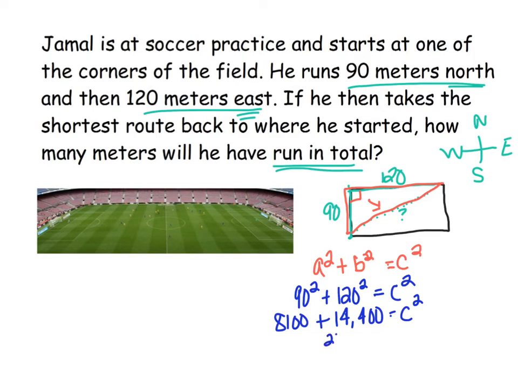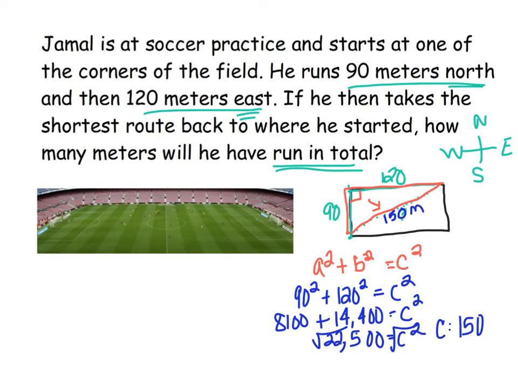So I get 22,500 equals c squared. When I take the square root, my c comes out to be 150. So he runs 150 meters back to his original starting point.